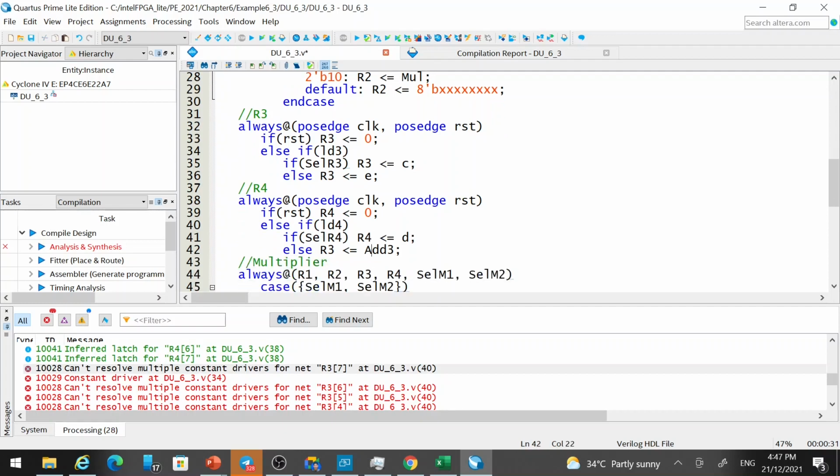That is the problem with copy and paste in a program. We might miss certain labels. Just like this, we should have R4 here, but because we copied from this, it's still R3, so this is wrong. That is why we have this error. So let's see again.